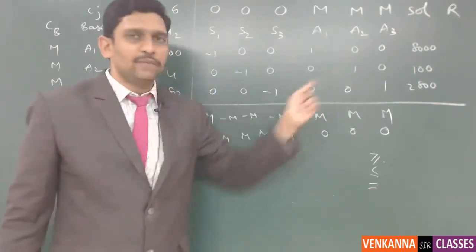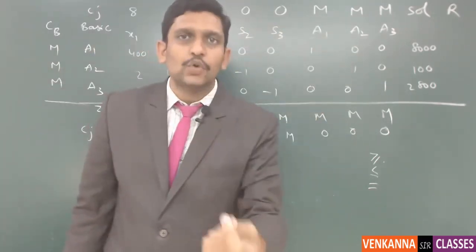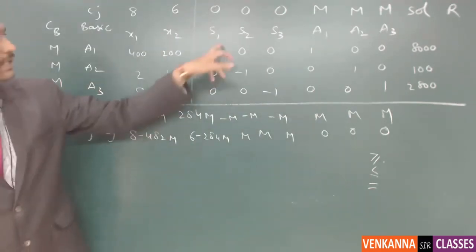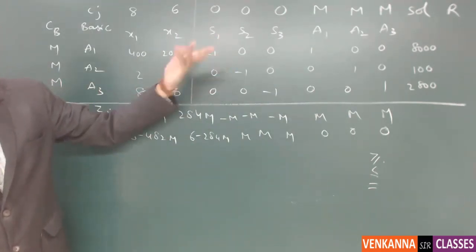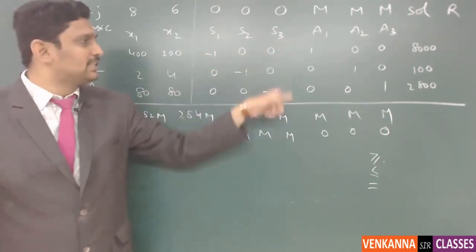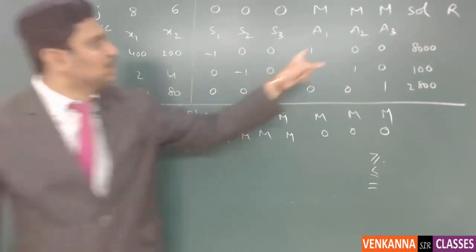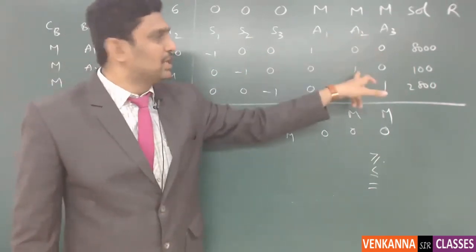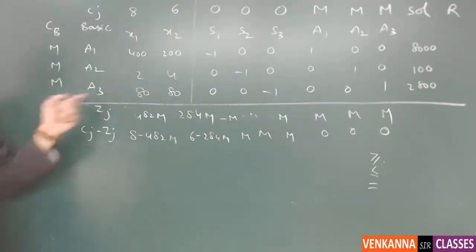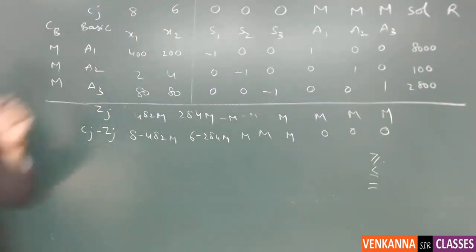Now, among these variables, you pick up the variables whose coefficient is 1. So here, S1 has coefficient -1, we won't consider this. S2 -1, we won't consider. S3 -1, we won't consider. A1 has coefficient 1, A2 has coefficient 1, A3 has coefficient 1. That's all, so we will take them. Clear now?